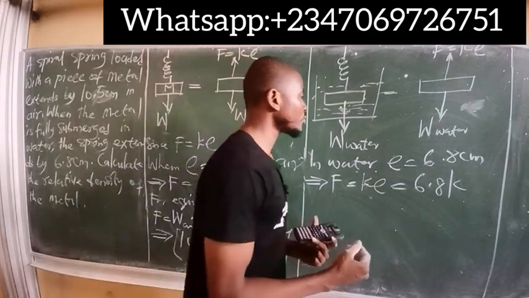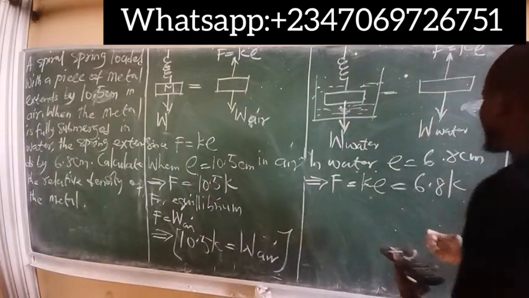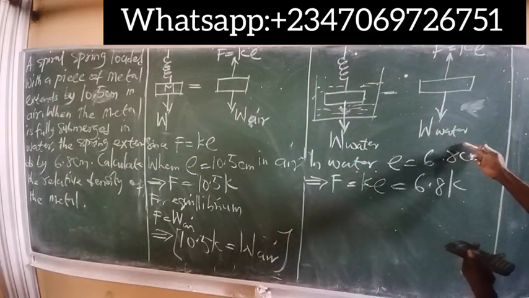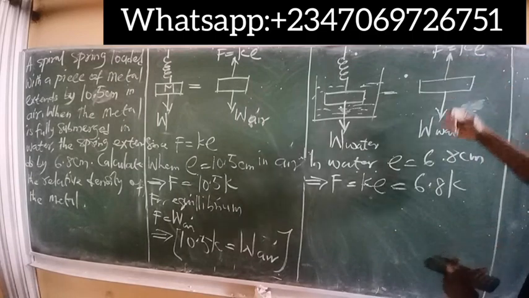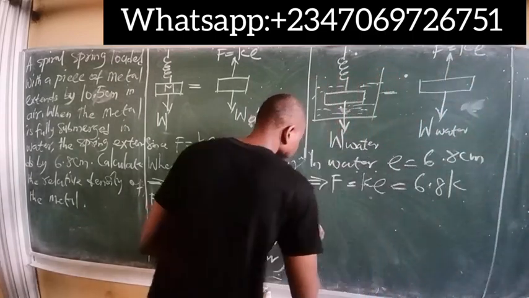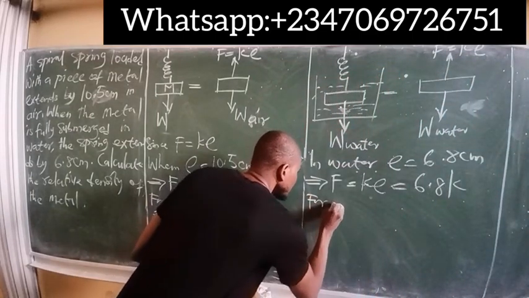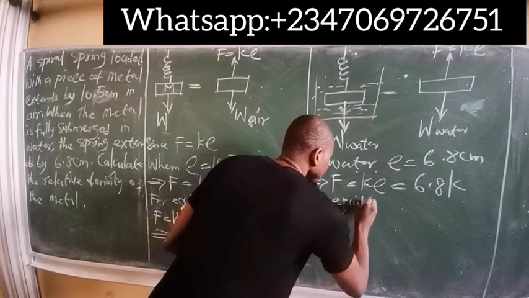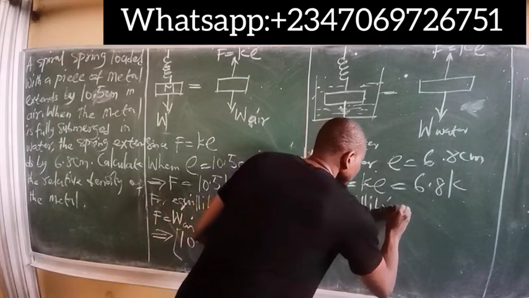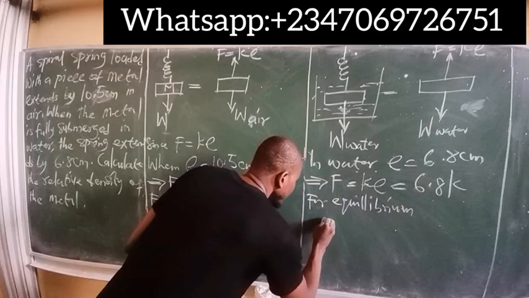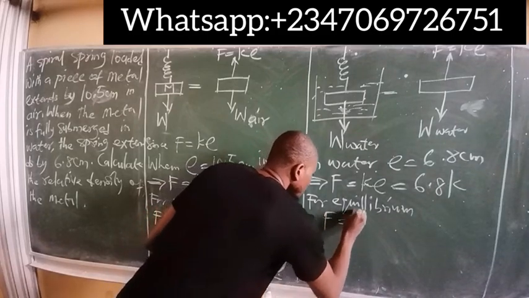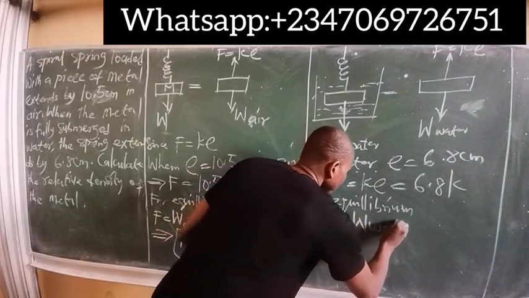All right, so for equilibrium to be achieved, it means weight in water must also be equal to the spring force. For equilibrium, the force must be equal to the weight in water.